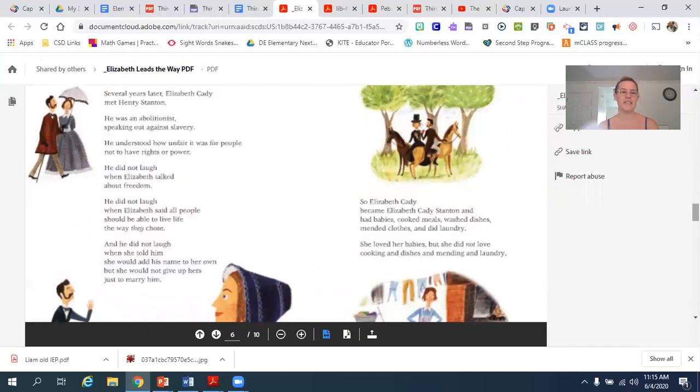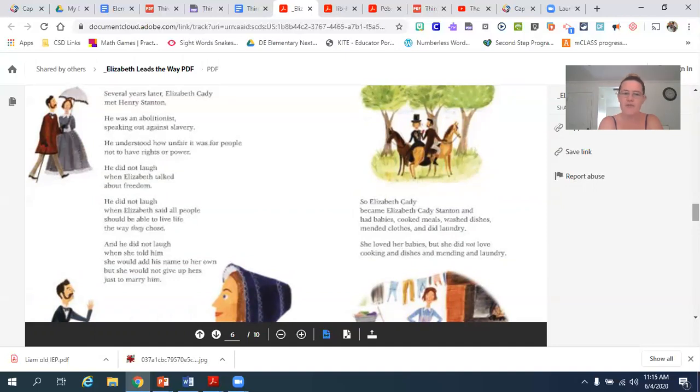Several years later, Elizabeth Cady met Henry Stanton. He was an abolitionist speaking out against slavery. He understood how unfair it was for people not to have rights or power. He did not laugh when Elizabeth talked about freedom. He did not laugh when Elizabeth said all people should be able to live life the way they chose.